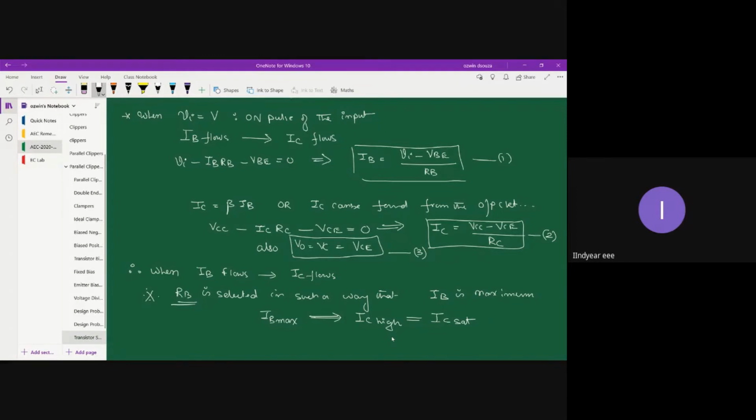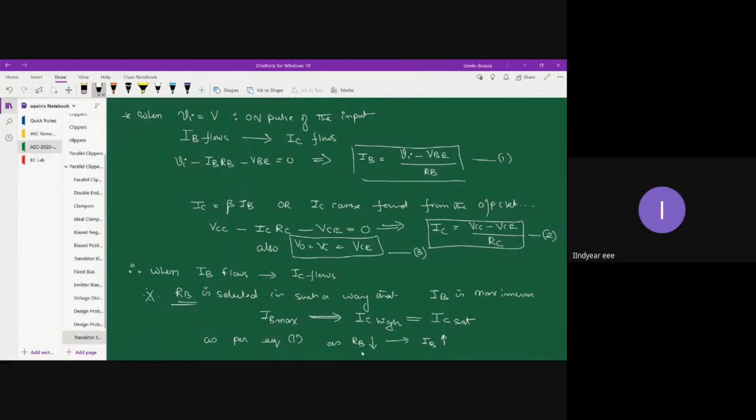So how will you increase the collector current? You can increase the collector current simply by increasing the base current, because the BJT is a current control device. As per equation 1, you can see that as RB is lessened, or when you start reducing the resistance value, the base current starts increasing. So unlike your normal biasing network, in case of a switching network, the value of RB is smaller.